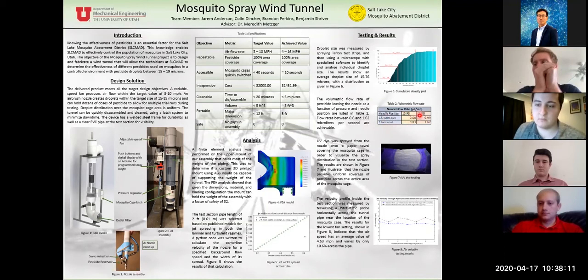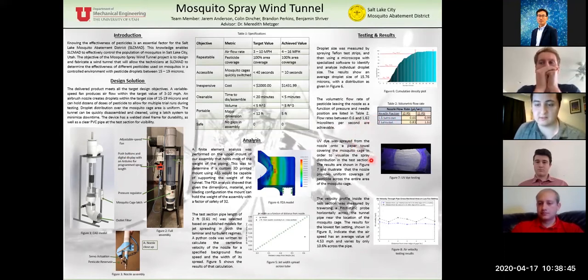So we figured this out so that when SlickMad does their testing, they can determine how long they need to spray pesticide through the nozzle to get a certain amount of pesticide for the test. So say at 10 psi they get 0.6 microliters per second. Well, depending on how much pesticide they want to use, they use the Arduino controller to determine how much time that nozzle will spray to get the specific amount of pesticide they want.